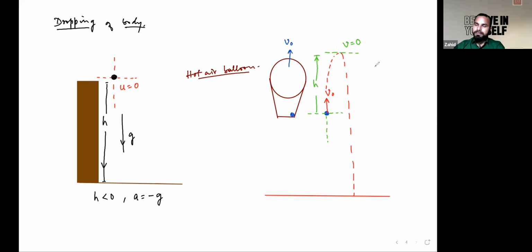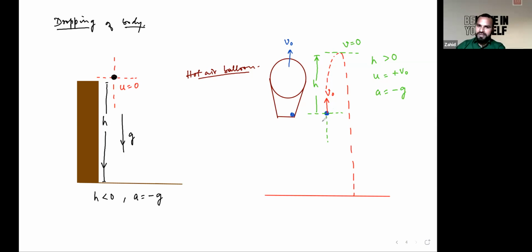So we have two different paths for this motion. First, h, which is in the upward direction, so it will be positive. The initial velocity of this particular object is also in the upward direction, so it will be positive. Gravity always acts in the downward direction, so it will be negative. This is for the motion from this point to this point.